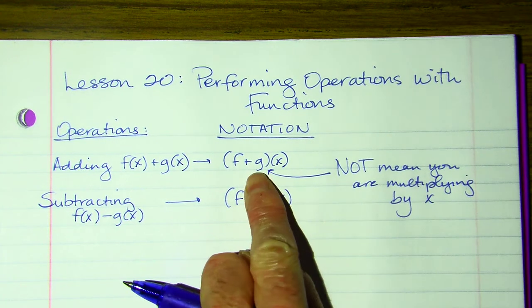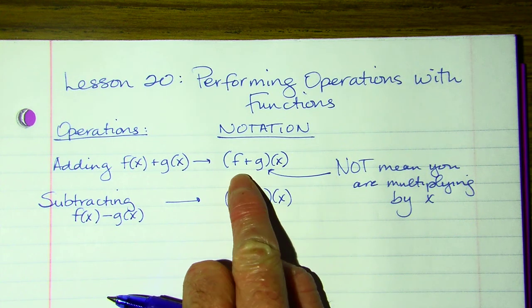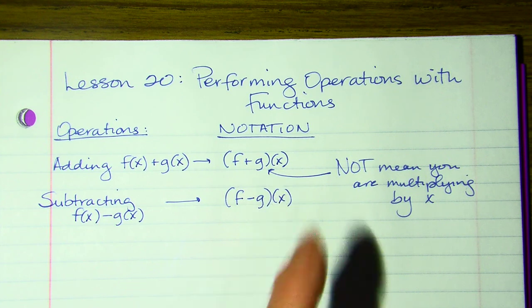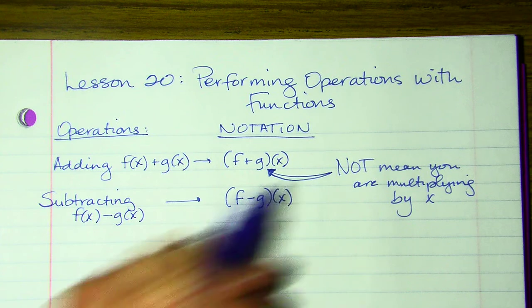I think some people read this as f plus g times x, and that's not what this means. This means you're going to add f and g, and x means you're just combining the like terms. You're not plugging anything in for x. You're keeping the letter. Okay, so please know that that's what that means.